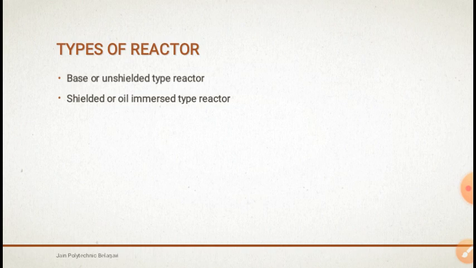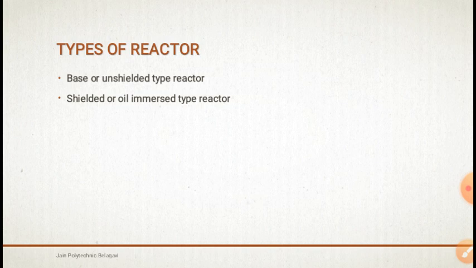In this type of reactor, the coil is placed in an oil tank as in the case of transformers, while the air cooled reactor can be either naturally cooled or air blast cooled. The shielding is necessary in order to prevent the entrance of external flux into the reactor, and so to avoid unnecessary heating under the fault condition.